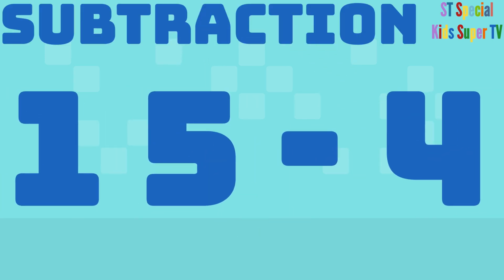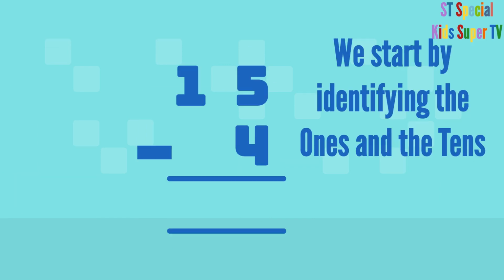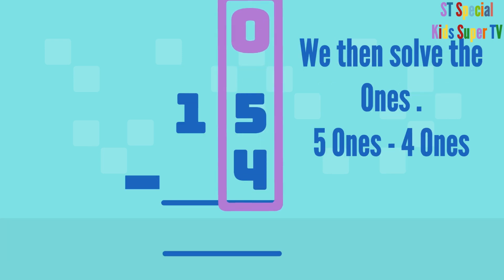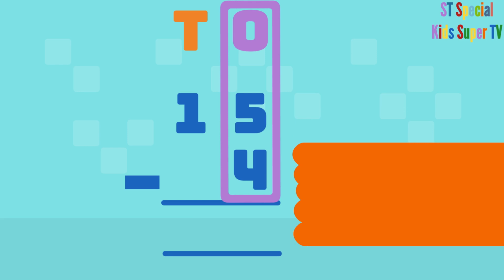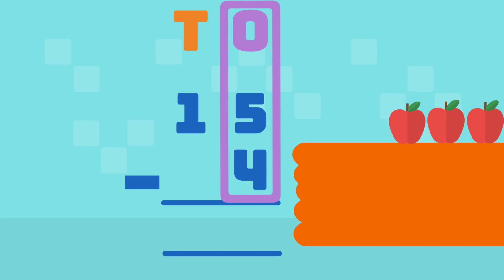Let's now calculate 15 minus 4. We start by identifying the ones and the tens. We then solve the ones. 5 ones minus 4 ones. 1, 2, 3, 4, 5 apples minus 4 apples.